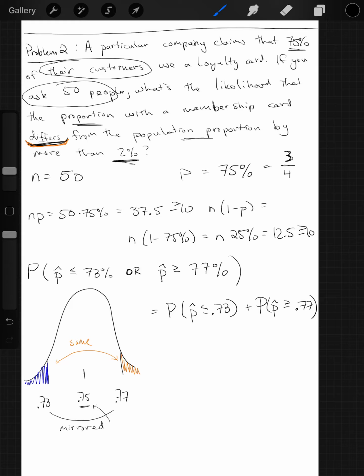This is going back to way back in the chapter on probability when we learned that OR turns into plus if they're mutually exclusive, and I'm pretty sure that a number can't be less than 73 and more than 77 at the same time. So they're mutually exclusive, so that OR turns into a plus.